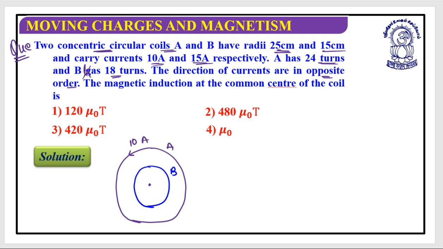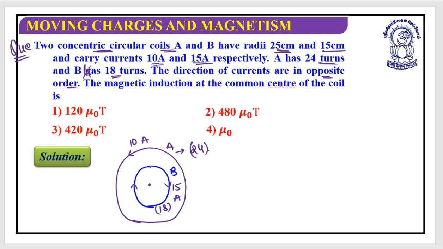As I have made this anti-clockwise, this should be clockwise and this should be 15 ampere. Number of turns of A is 24. Number of turns of B is 18.